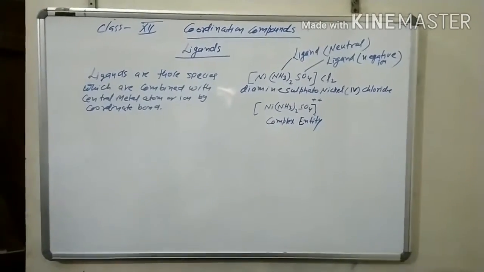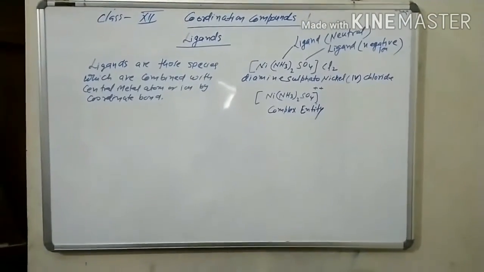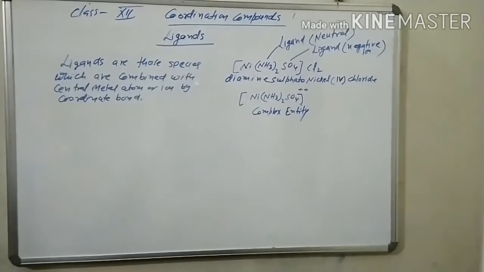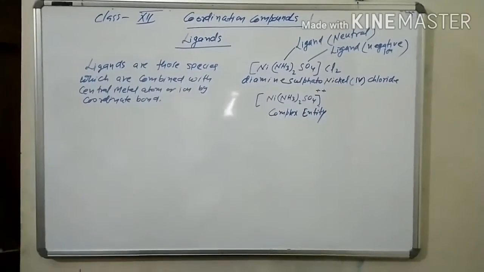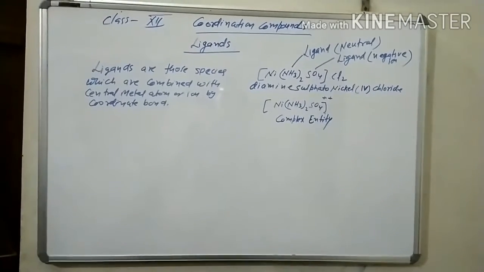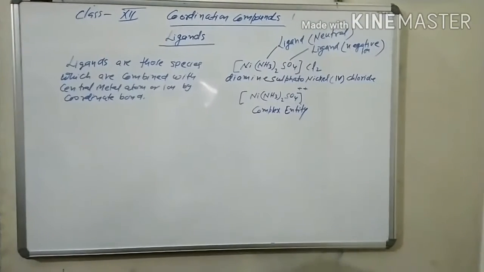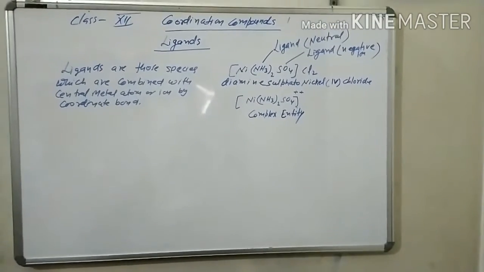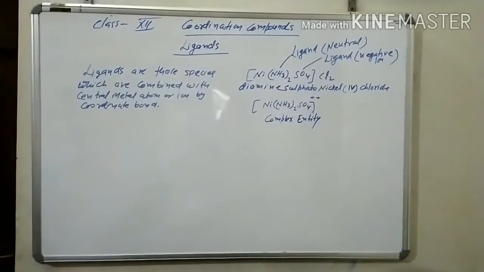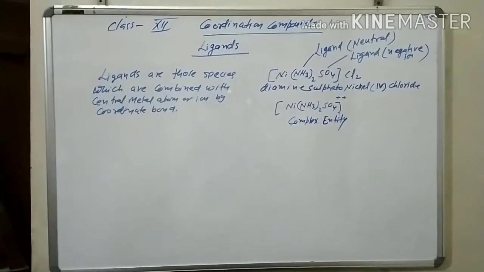According to the number of donor atoms, coordination between the central metal atom and ligands is due to donation of one pair of electrons by the ligand atom or molecule to the central metal atom.